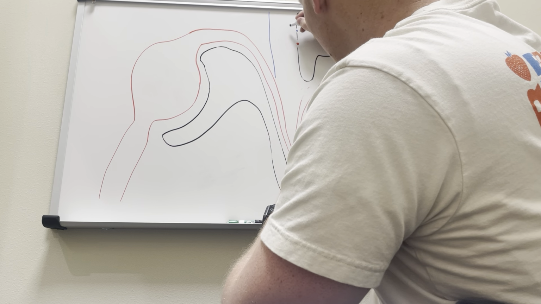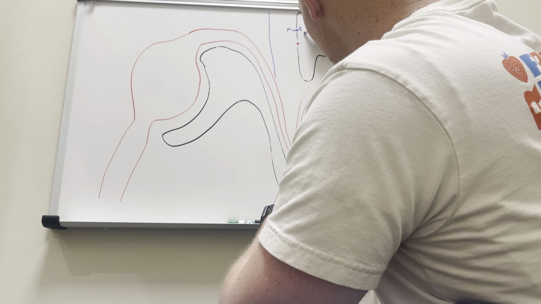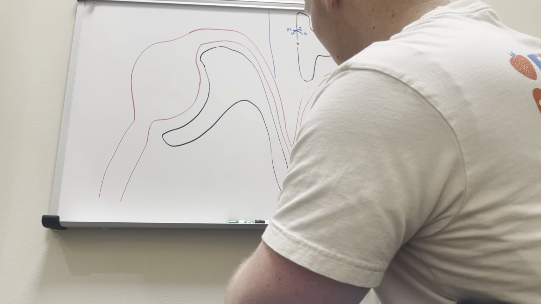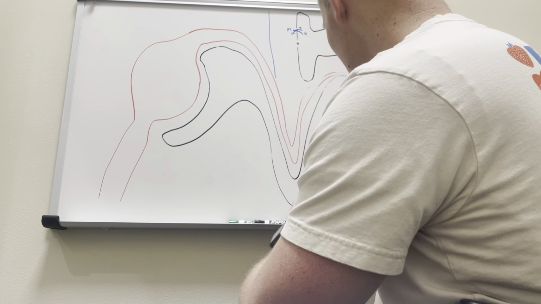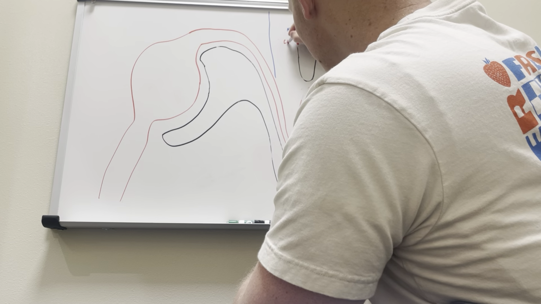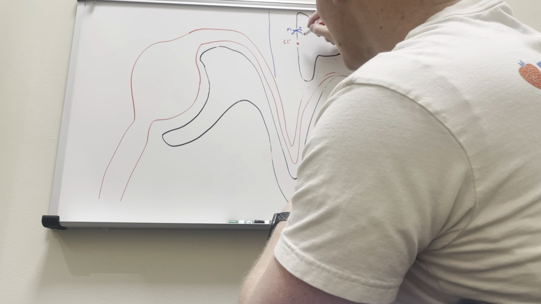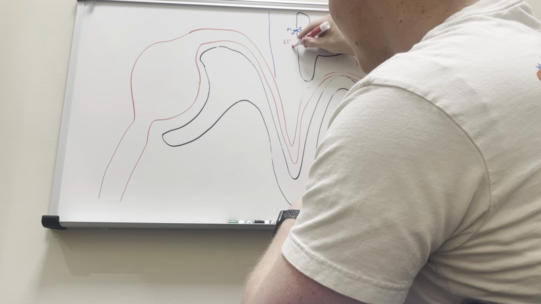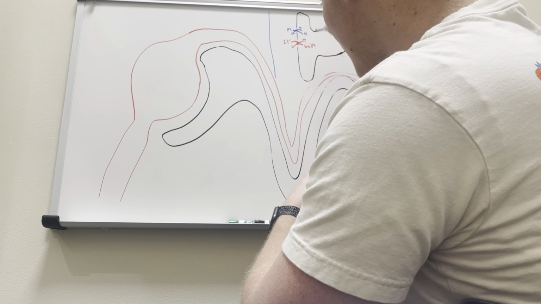So you have sodium coming in, hydrogen coming out. And here we have chloride. And then we have some anion in here. So as the anion comes out, it pulls chloride in.